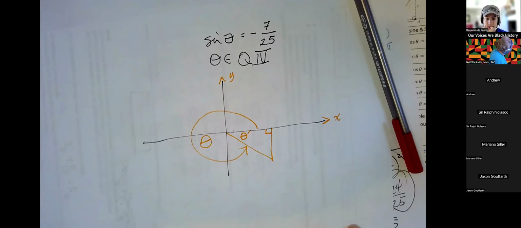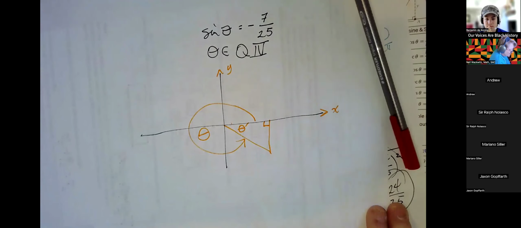Let's see. What is the triangle definition for sine? Got a right triangle, and let's call it alpha here so that we don't confuse it.